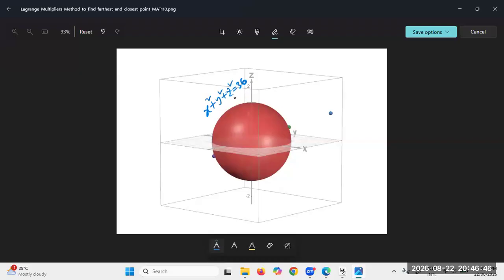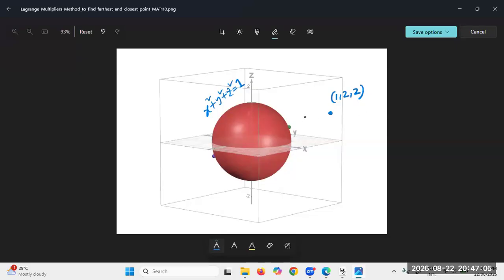In this drawing, I have considered this as a sphere of radius 1. So this is a given point, and the point is 1, 2, 2.